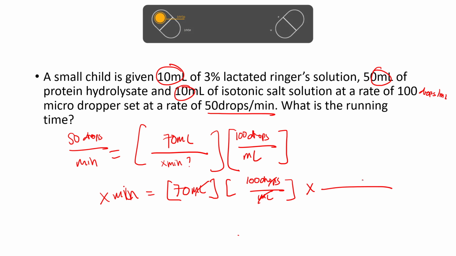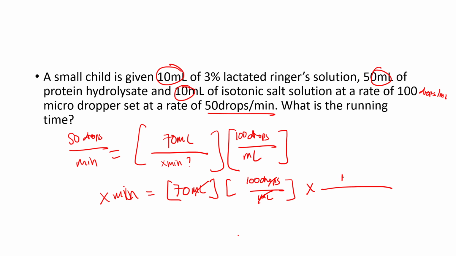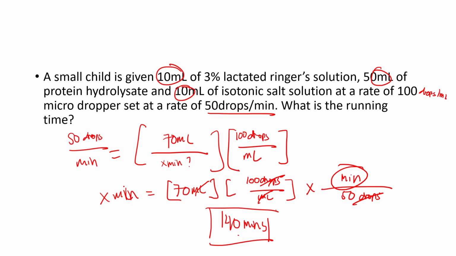Previously it was in division, so minute over 50 drops. You can clearly see that the drops cancel out and the final unit is in minutes. 70 times 100 divided by 50. That is 140 minutes. So the running time is 140 minutes.